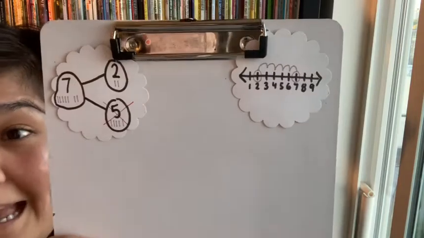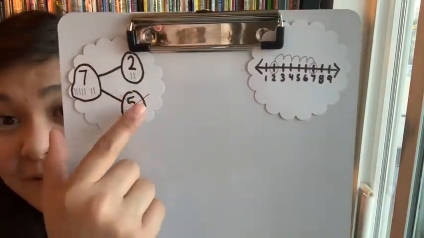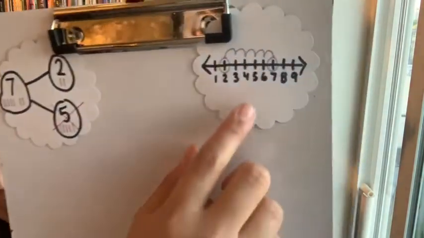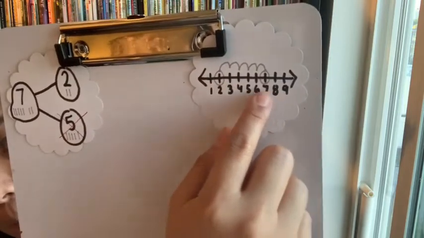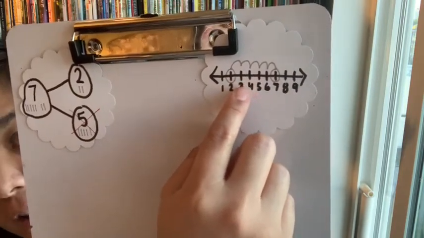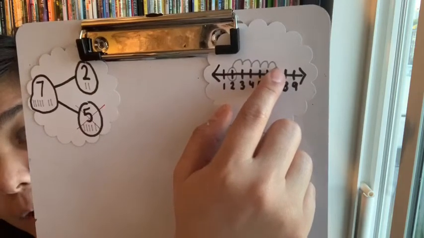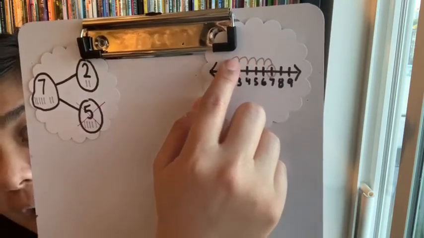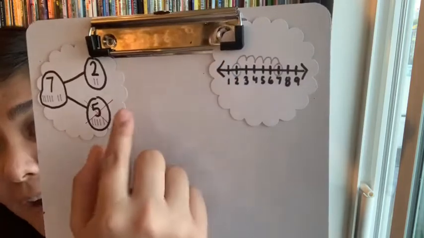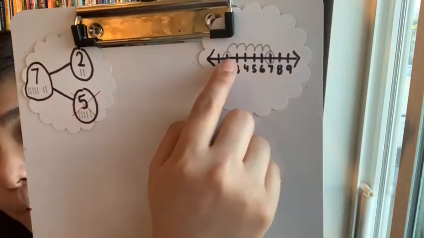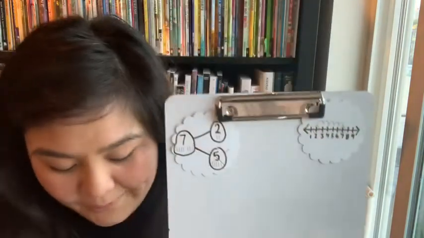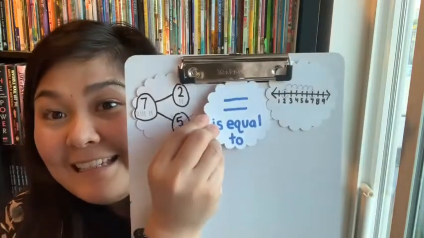So if I'm looking at my part of the 5 taken away, I'm trying to see if I can see it here in my number line. If I started at 7 and I jumped backwards 5, or I took 5 away, 1, 2, 3, 4, 5. Yes, the part of 5 is the same. Oh, my other part of 2 and 2 are the same. So this is true, and it's equal to.